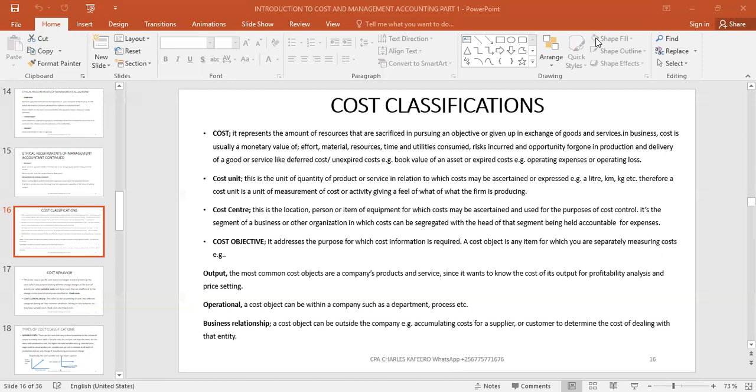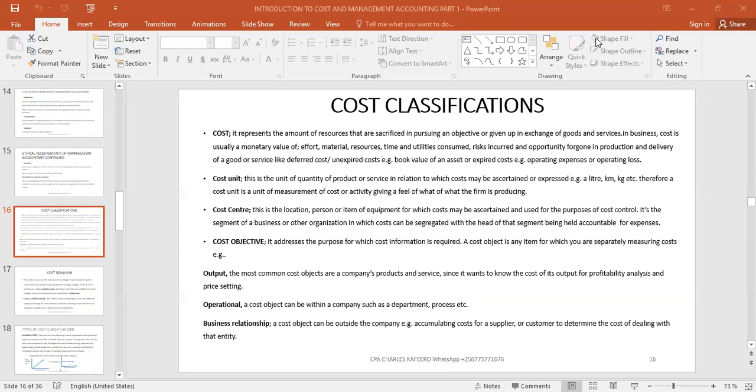The first one is cost. What is cost? A cost refers to the amount of resource that is sacrificed in pursuing an objective, or that is given up in exchange of goods and services.